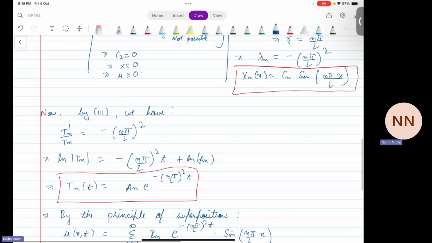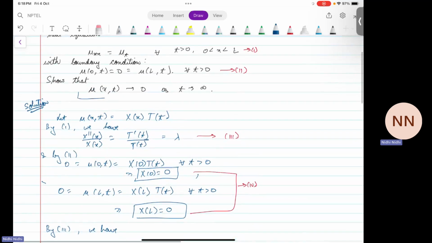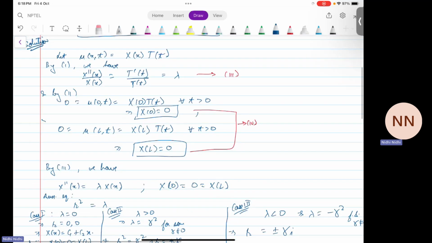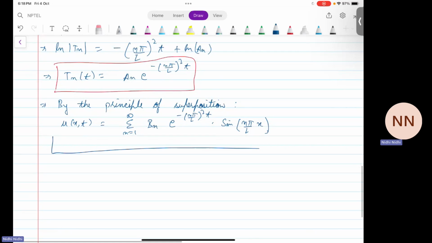Now what were we supposed to prove? We had to prove that u of x,t tends to 0 as t tends to infinity. Now see, here in u of x,t, we have e to the power minus n pi by L whole square t.